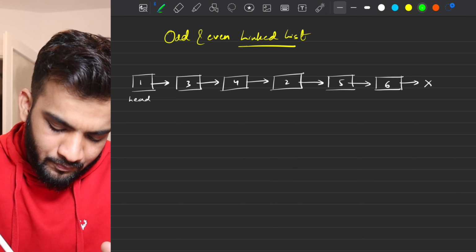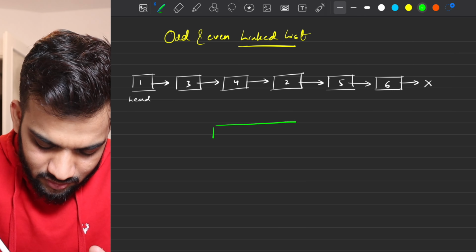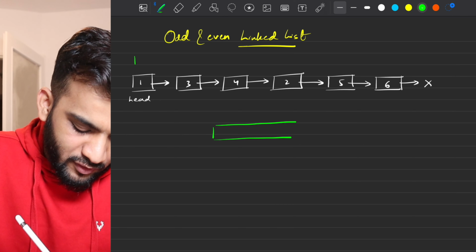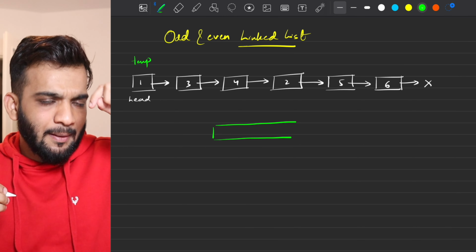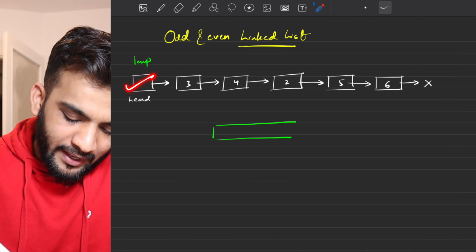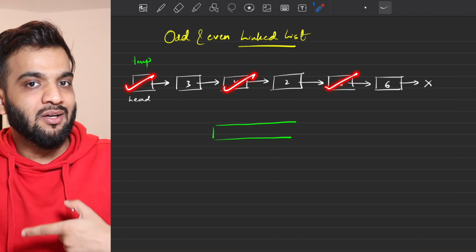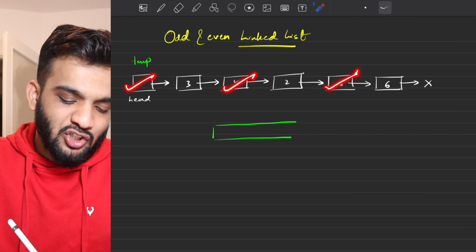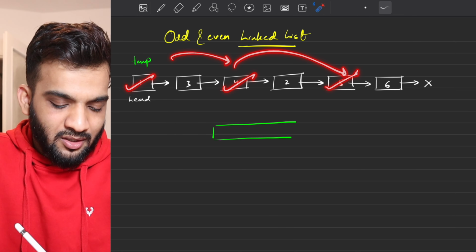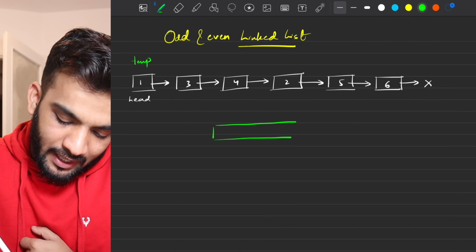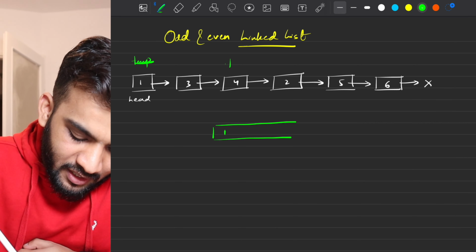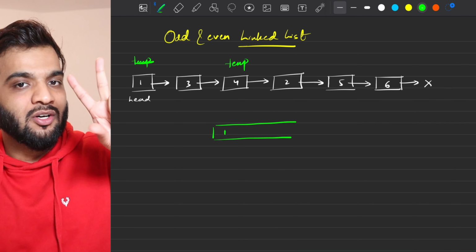What I will do is, I will take a list and I'll start traversing. I'll take a temporary pointer and I'll place it at the head. What is the first thing I need to do? I need to get the odd index data. So I'll start at the head and I'll jump by 2 places, right? So the temp is standing at the head. I'll get the first data, which is 1. Once I've got that, I'll move the temporary to next of next, 2 places.